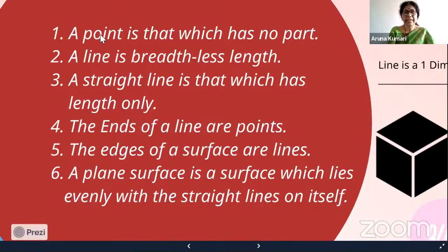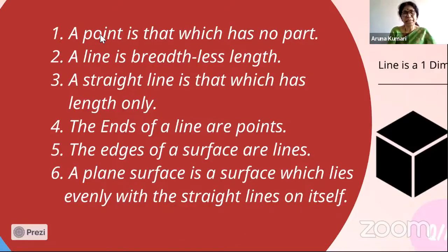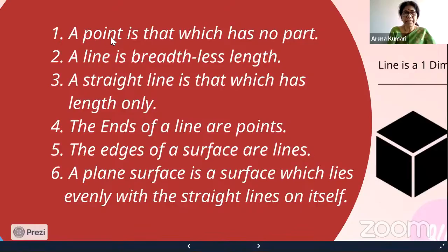Remember, whenever you are studying about geometry, while drawing figures, we will definitely know about this word, that is point. But what is the definition of point? A point is that which has no part. No part means it has nothing. A point has nothing. Still it is said to be point.